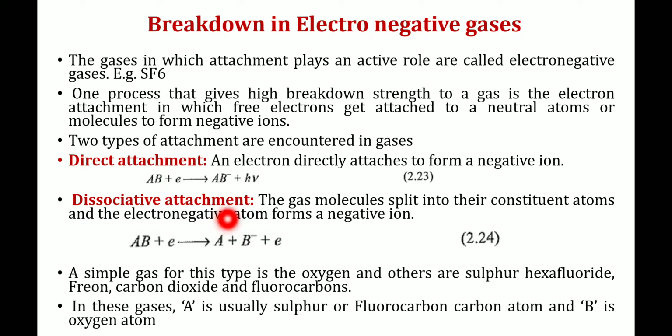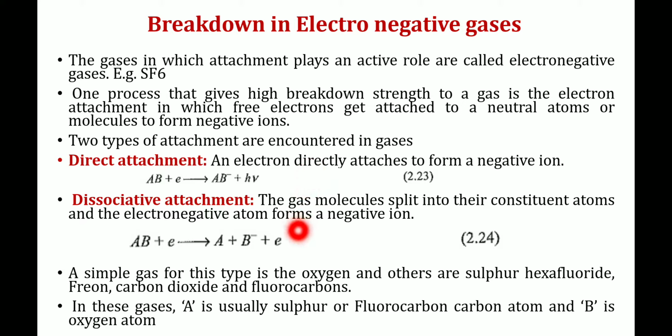Here we can observe this AB, it is nothing but sulfur, which gets separated, and this B negative is the oxygen atom. So the gaseous molecules get split up, and some electrons are released here. This forms the negative ions. Getting my point?